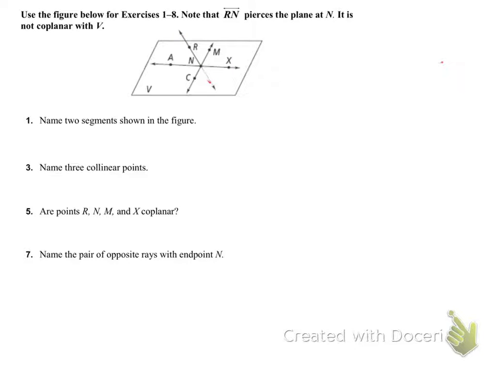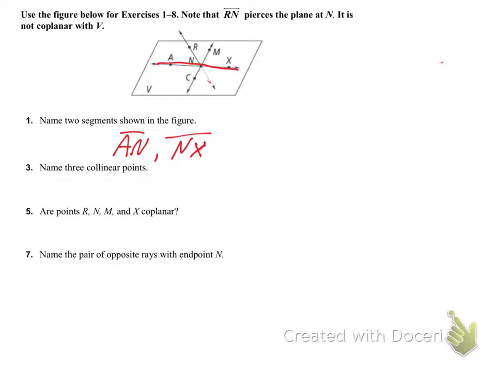Name two segments shown in the figure. So any two segments, that's pretty easy. So how about I just do AN and then line segment NX. Name three collinear points. So 3 points on one line. There's only one line that has 3 points.